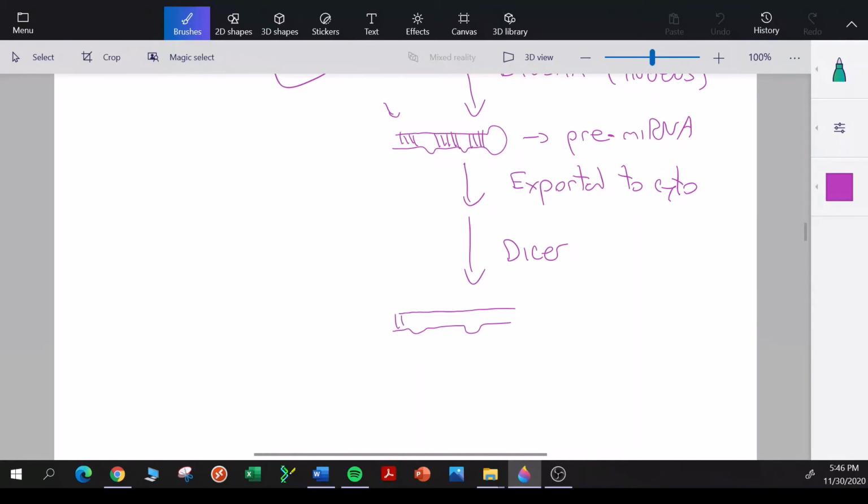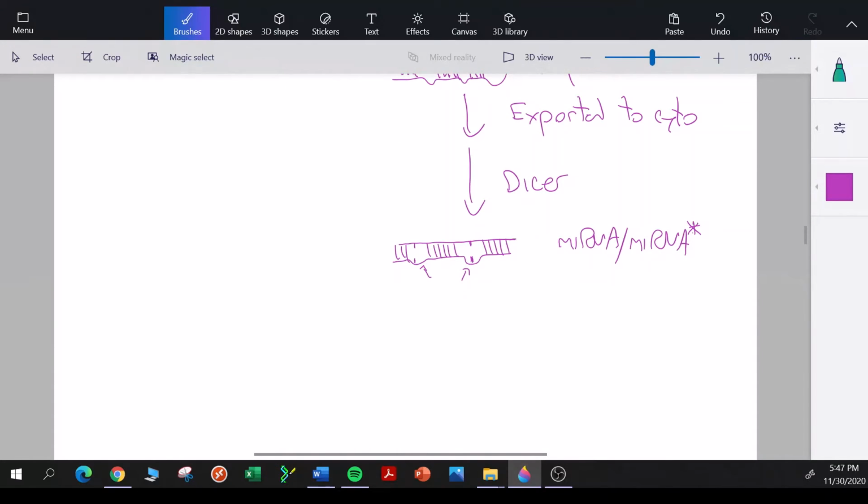So these little bumps right here indicate that this is usually not perfectly complementary. So the base over here isn't complementary with that base over here. Now this structure right here is called the microRNA. I'm just going to call this microRNA star complex.